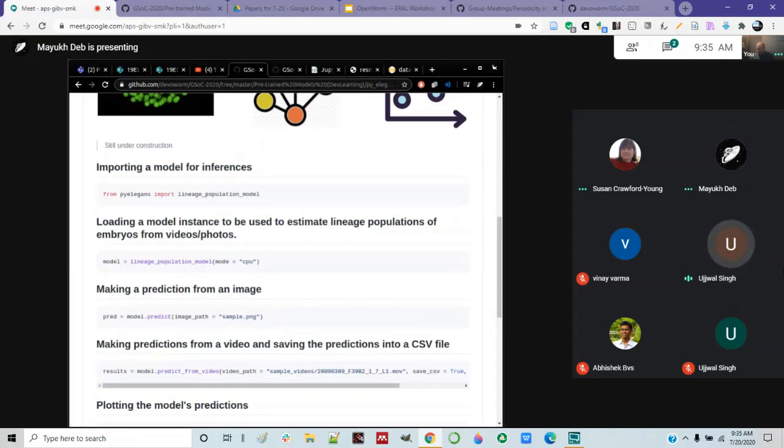For example, for a function like lineage population model, you can have help with double brackets, so he can get all these commands in the Jupyter notebook as well. He doesn't have to cruise through the website. It's a bit of an improvement, not strictly necessary.